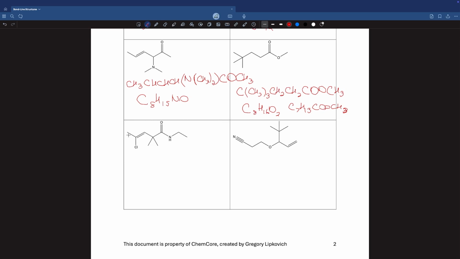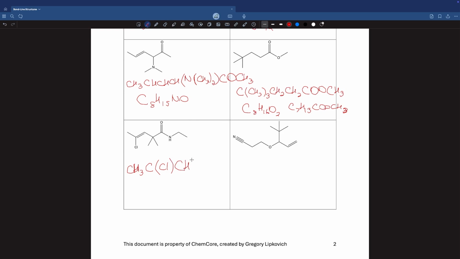The next problem, we start with a CH3, so terminal carbon. Move on to another carbon, and notice that we already have 4 bonds drawn to this carbon, so it probably doesn't have any hydrogens. And then we have a branch point, a chlorine. And then it's connected to another carbon that has 3 bonds drawn, so it has a hydrogen that isn't drawn.